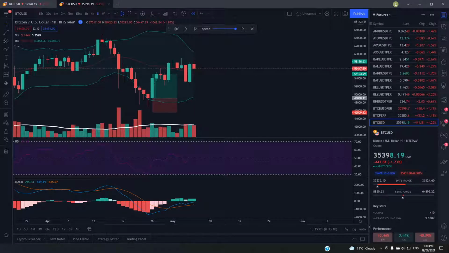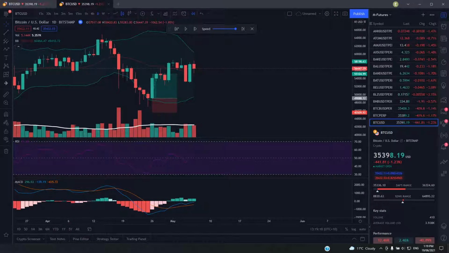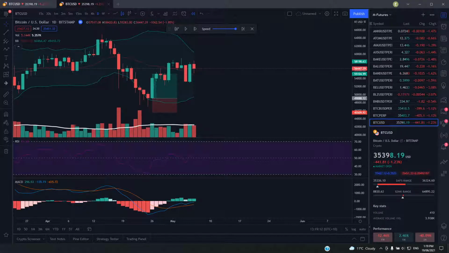If the top Bollinger Band is in a downtrend whilst price is in an uptrend, we have bearish divergence. So that's our first analysis of why.